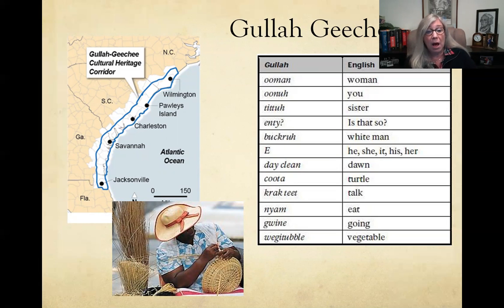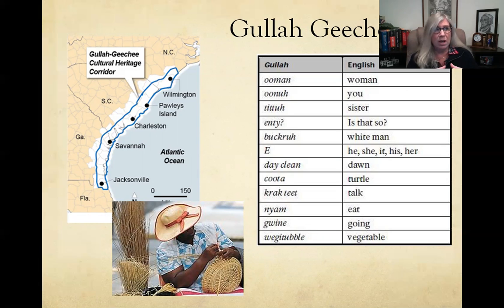You still have pockets of Gullah speakers in the Deep South, in the coastal area. Off of coastal Georgia, there's a particular island called Sapelo Island, and I encourage you to look up Sapelo Island. It was one of the areas where Gullah speakers remained.